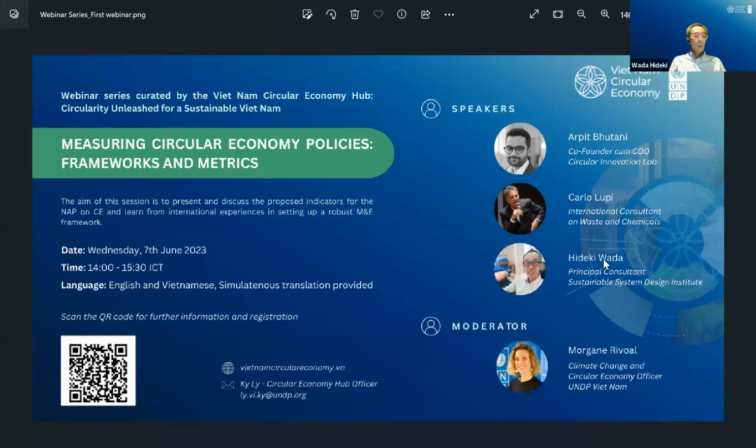And also, one additional comment on the material flow of Japan. As you can see, the material flow of Japan is focusing on the downstream only. But as I explained for the proposed indicator to Vietnam, if we consider the upstream material flow in addition to the downstream material flow, then we can discuss together what to be done in the upstream.